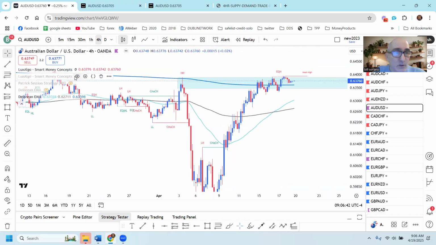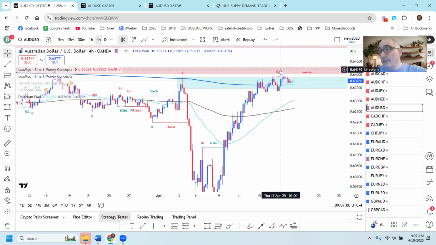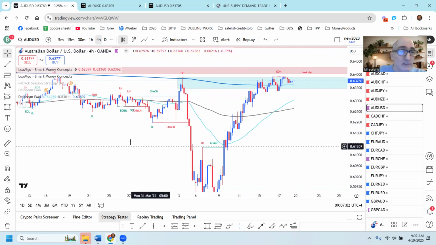Now, it's no longer showing up here because once price goes through that zone, it disappears. But this was where it was at, and there was another zone right up above it here. And this is actually what we used for our invalidation zone or our stop loss.